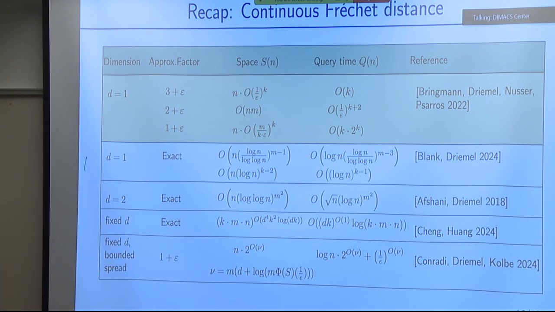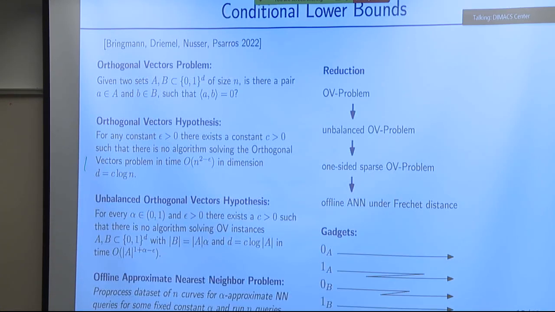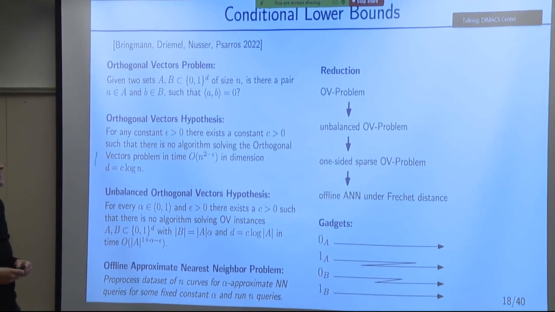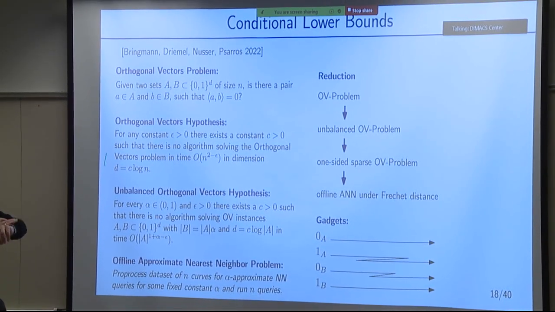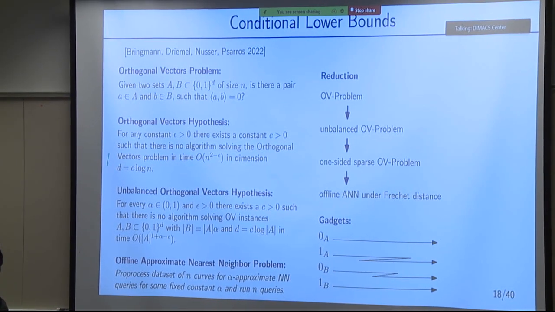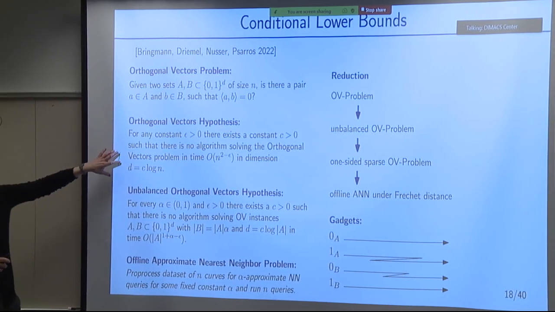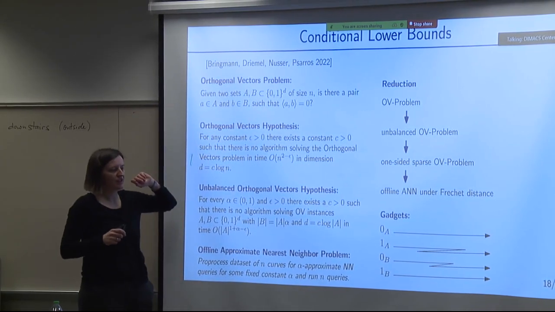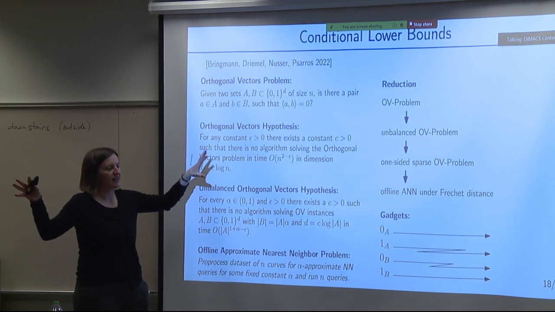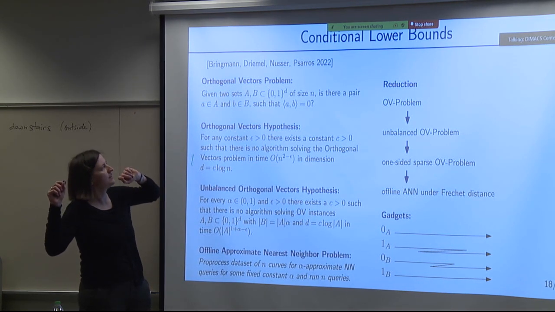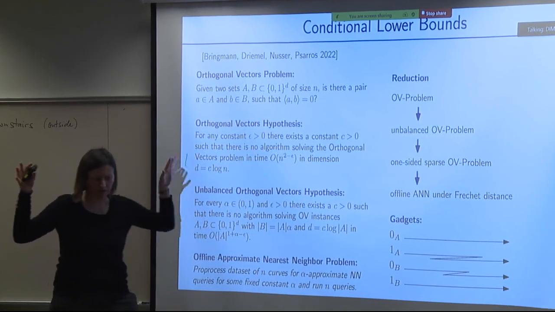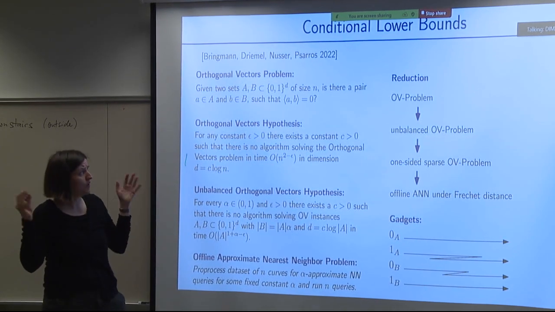Okay. And there is a conditional lower bound based on orthogonal vectors. This is something you've seen in one of the previous talks, the orthogonal vectors hypothesis, so I can probably be brief about this. Here we have this binary version. We have two sets, A and B, of binary vectors of dimension D, and think of D as log n or more.